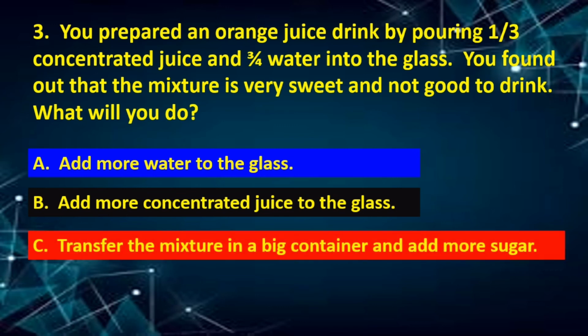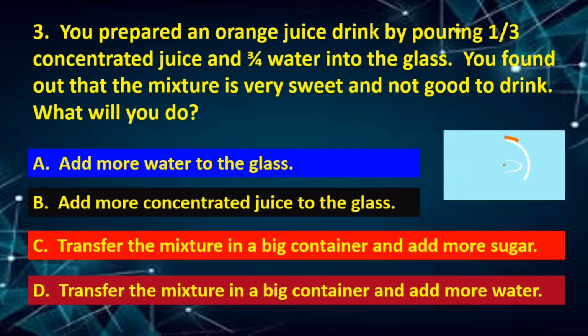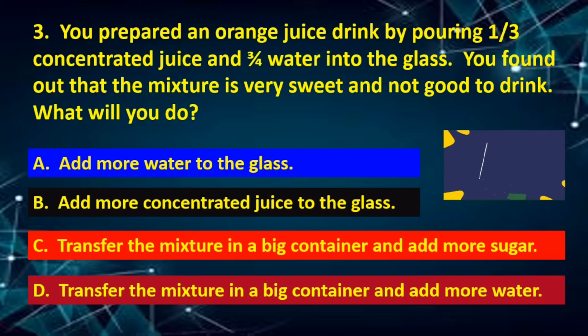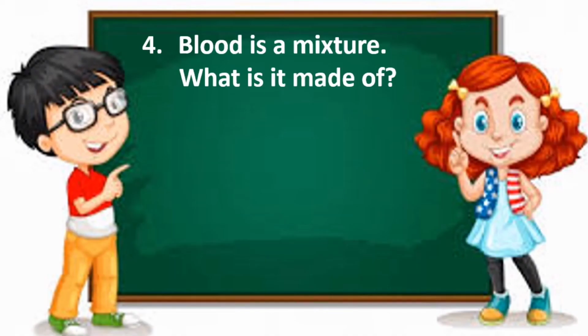C. Transfer the mixture in a big container and add more sugar. Or D. Transfer the mixture in a big container and add more water. The answer is letter A. Add more water to the glass.